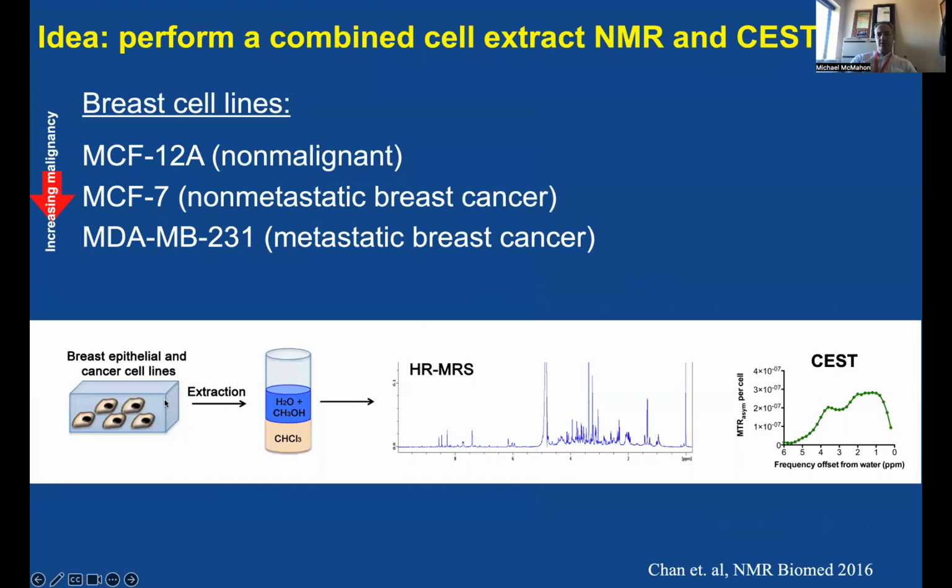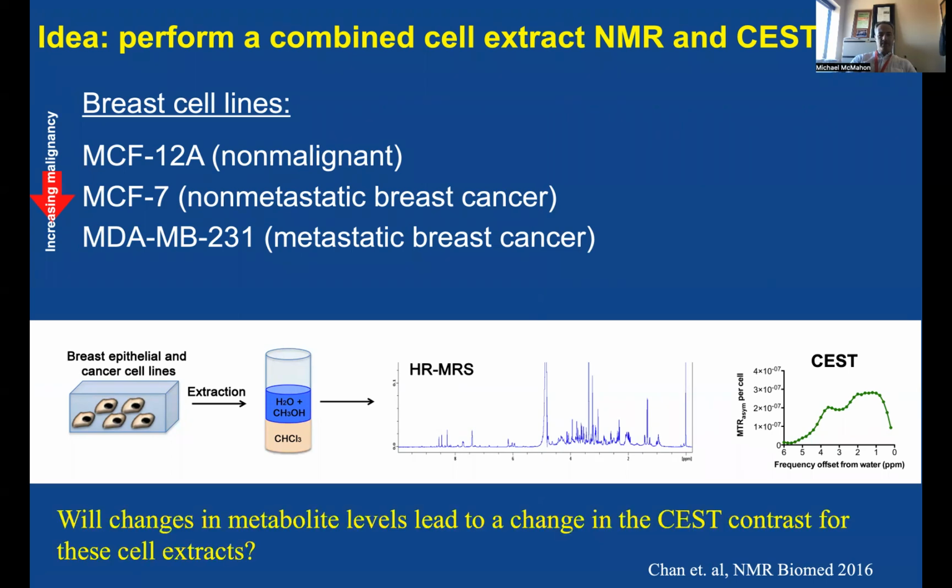And what we did is we took these cell lines, we lysed them, extracted the metabolites, took the NMR spectra of these metabolites, and then also compared this with the CEST Z spectra. And so we were interested in seeing whether or not changes in specific metabolites would lead to a change in the CEST contrast for these cell extracts.